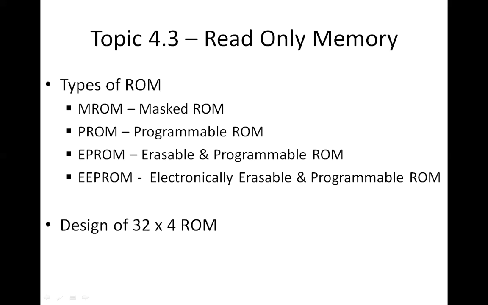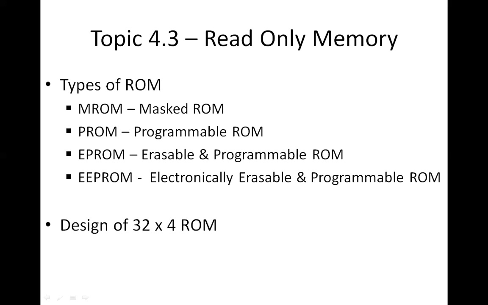Next is the PROM, that is programmable ROM. It means the memory is available for the user to write something, but it is used once only. Once you have written some data in PROM, it cannot be erased and it cannot be reused for storing something else.